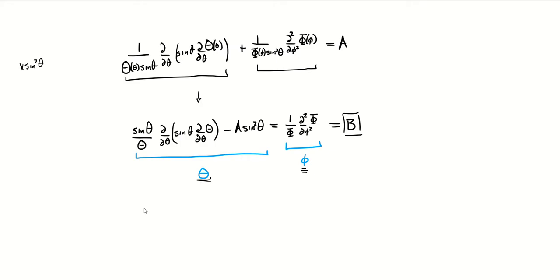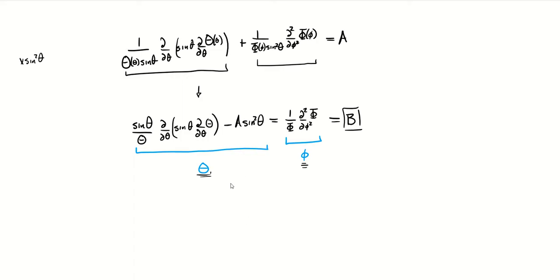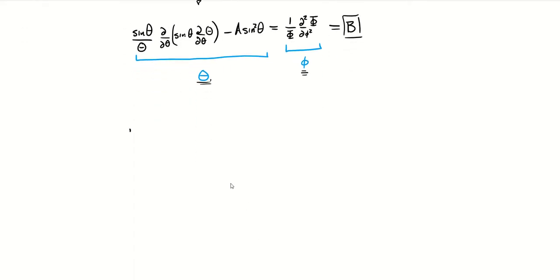And now we have two differential equations from this separation of variables. The first equation is 1 over sine theta, the derivative with respect to theta of sine theta d theta, minus B over sine squared theta, all acting on our polar function.